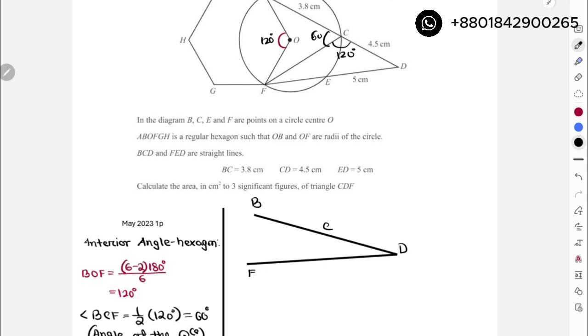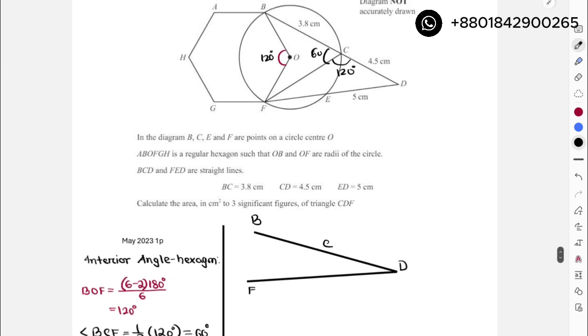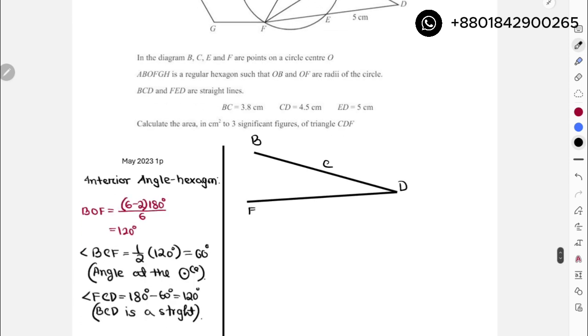FD was the tangent, so we can use the tangent formula: BD times CD is equal to FD square. That was the formula for the tangent.